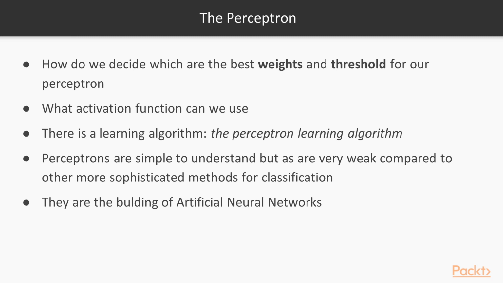The good thing about perceptrons is that they are very simple to understand. However, they are very weak in performance when compared to more sophisticated methods, such as the methods that we used in previous sections. So it is not worth it to actually learn about the perceptron learning algorithm. However, these very simple models are the building blocks for artificial neural networks.